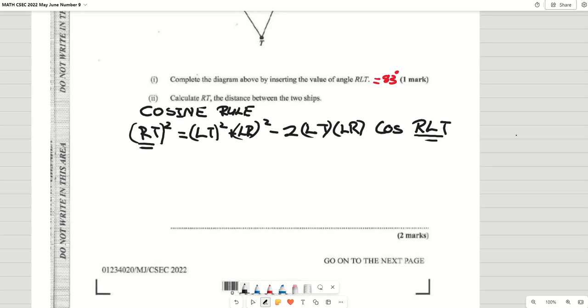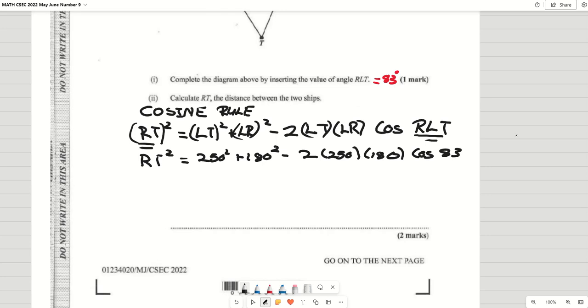So we know we want to find RT. So RT squared, we're just going to put in the values as 250 squared plus 180 squared minus 2 by 250 by 180 cos 83. When you put all of this in your calculator, you'll get a value.